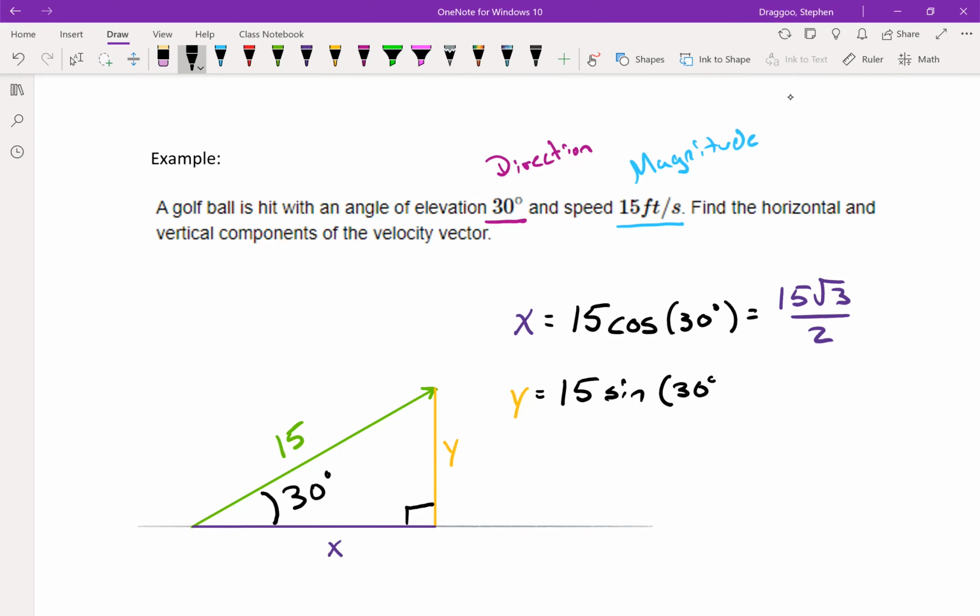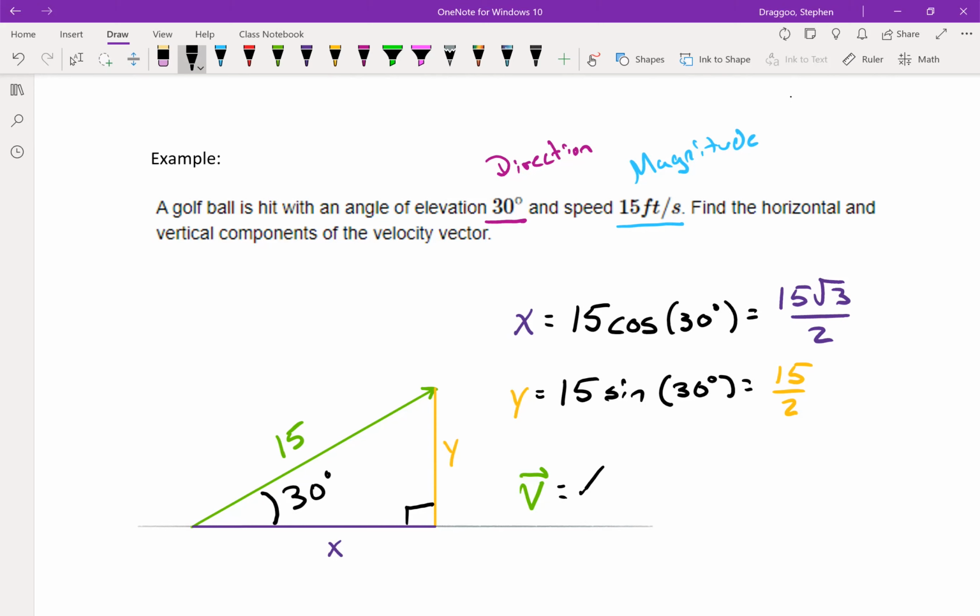So 15 times the sine of 30 degrees. And if you recall, again, from trigonometry or the unit circle, the sine of 30 degrees is 1/2. So this should be 15 over 2.